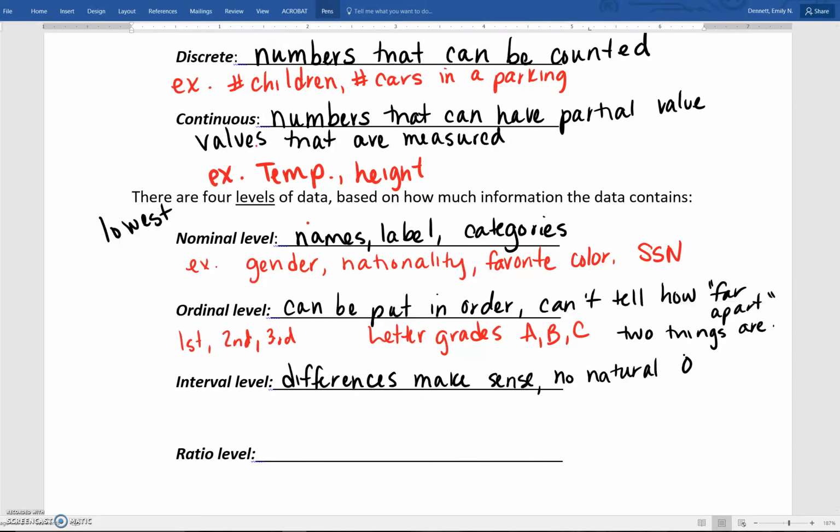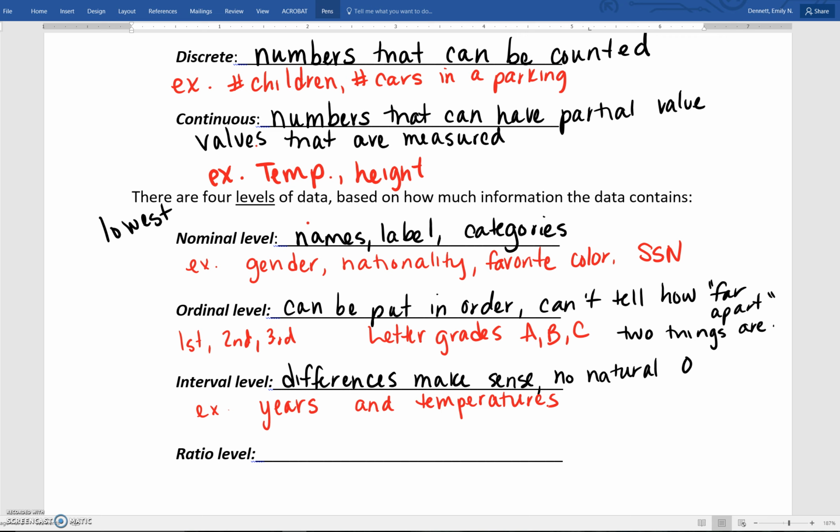The two examples you're going to see in this class most often will be years and temperatures. We know that 1995 is 5 years after 1990. We can tell how far apart those are. But we can't take ratios with them, because the year 0 was not the beginning of time.